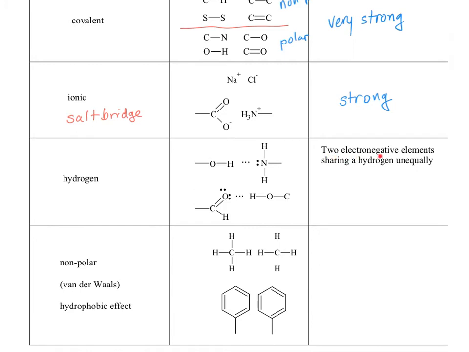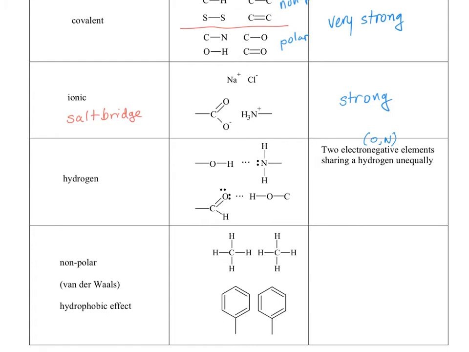That is two electronegative elements, and by that I mean in this class we're almost entirely interested in oxygen and nitrogen, and so we're going to take either of those two electronegative elements and they're going to share one hydrogen atom unequally or asymmetrically. Let's take an example of how that might happen.